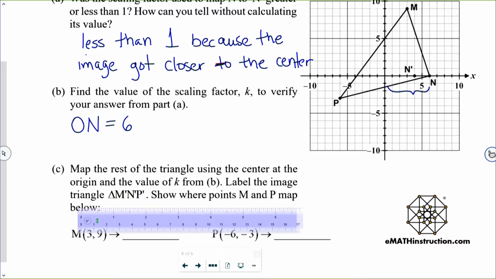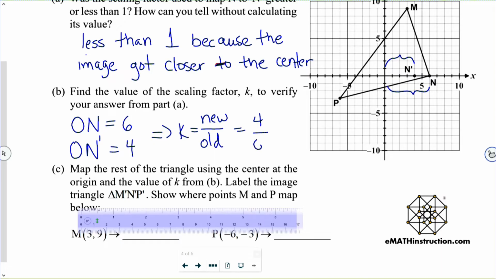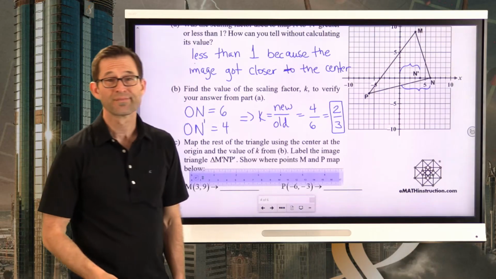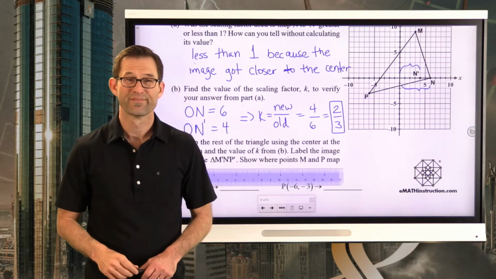On the other hand, the distance from the center to the image point is 4 units. It's this distance. And therefore, the scaling factor, remember, is always the new distance divided by the old distance, and that's going to be 4 divided by 6, which reduces to 2/3. And of course, 2/3 is a number less than 1.